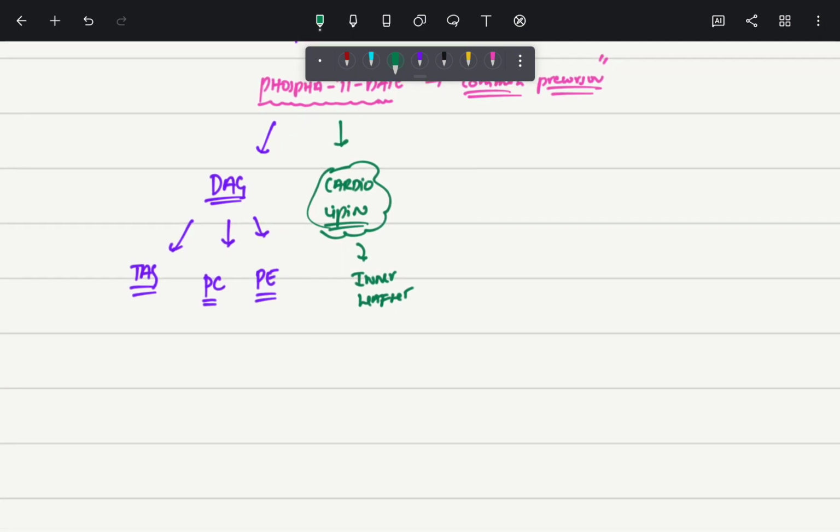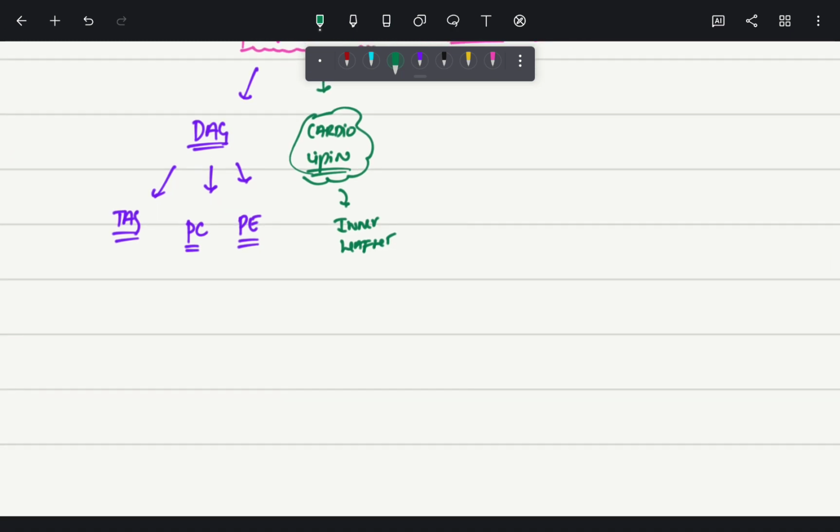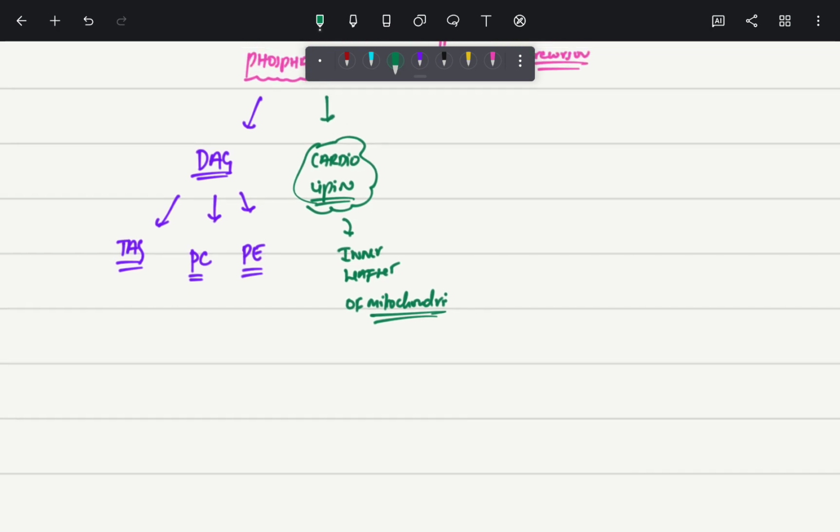Okay, so you will hear about cardiolipin in your internal medicine, where the word cardiolipin is used very frequently as a marker for diseases. So this is usually present in the inner leaflet of mitochondria. Okay, cardiolipin is also a biomarker for apoptosis.